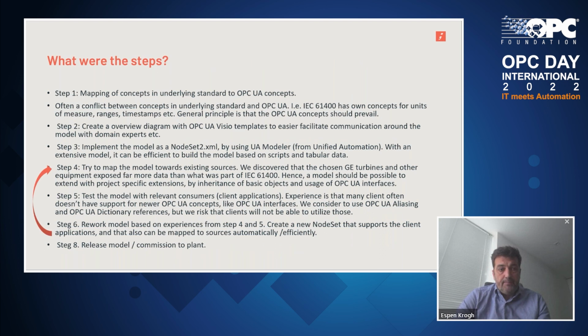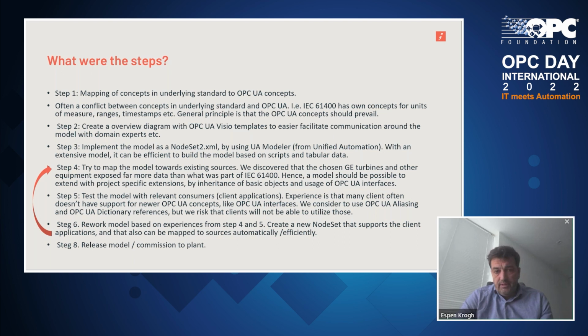And the steps. Step one is to map the underlying concepts. Often there's a conflict between the underlying standards, like in IEC 61400, they have their own concept for units of measure, ranges, timestamp, etc. So again, using the principle that the OPC UA concept should prevail, we define a mapping to those.